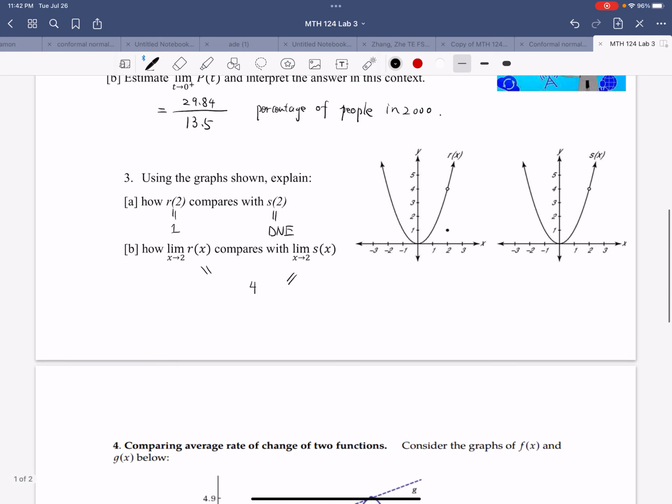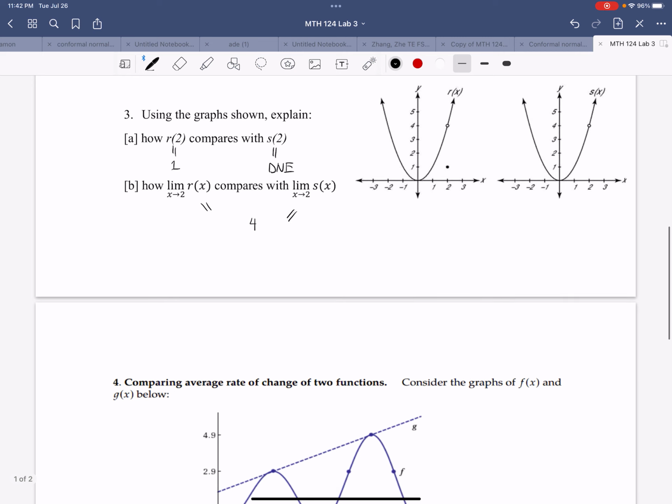Okay, that's question 2. And question 3 is: use the graph to compare these two functions. Their difference is, for function R at 2, it has this solid point here, so 2 is in the domain of R(x).